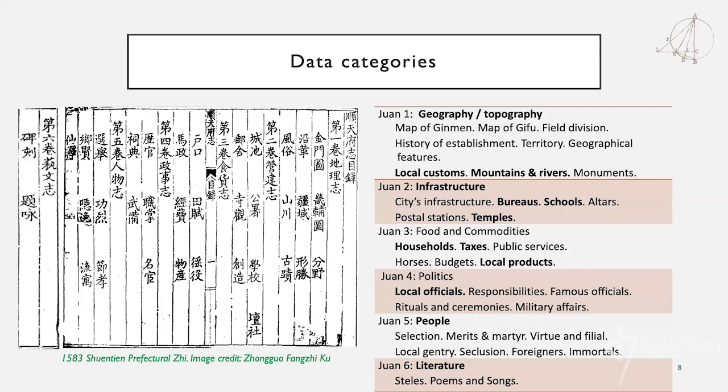And one thing very interesting is also that I think each local gazetteer compiler team had their own agenda, but there were some common categories that were imposed by the court. Like in the 14th century, the court issued 22 categories that every local gazetteer should include.